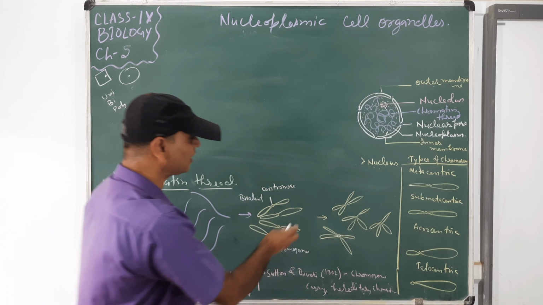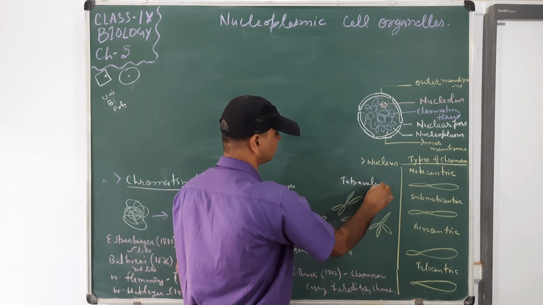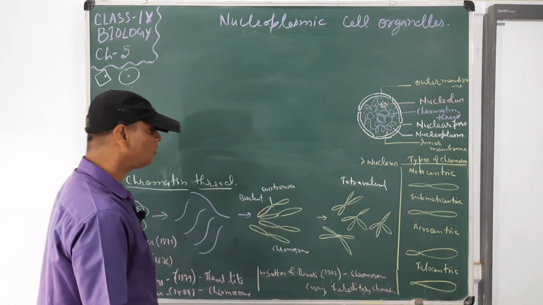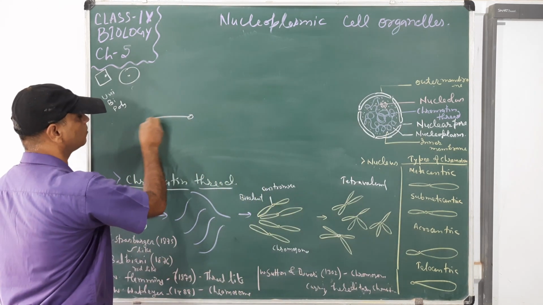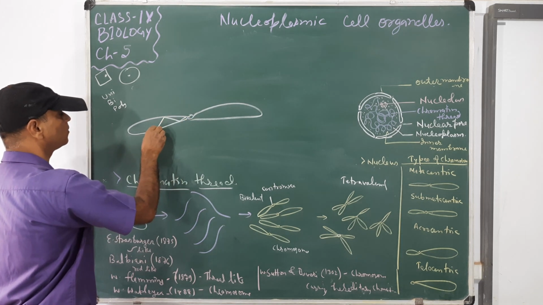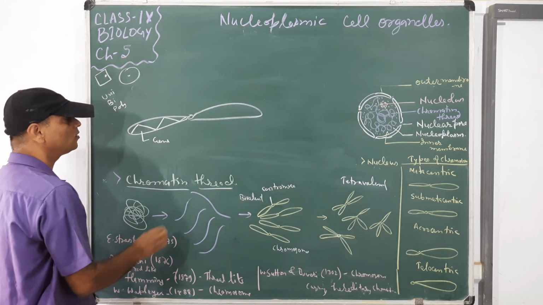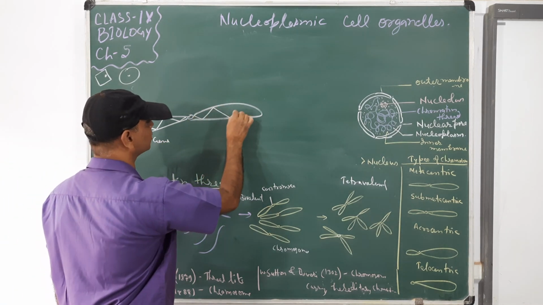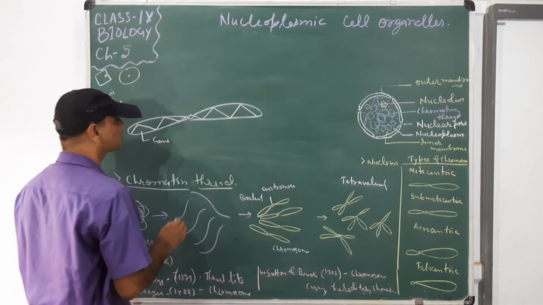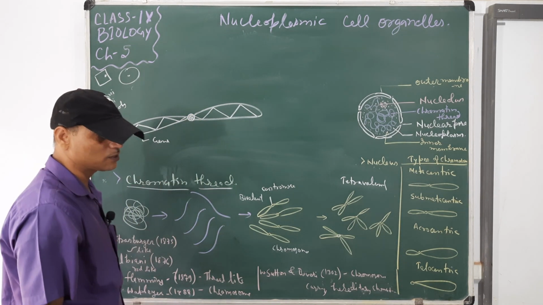So this is a tetravalent chromosome, and it is made up of genes. You know, the gene is responsible for the character. So the centromere gene is present there.